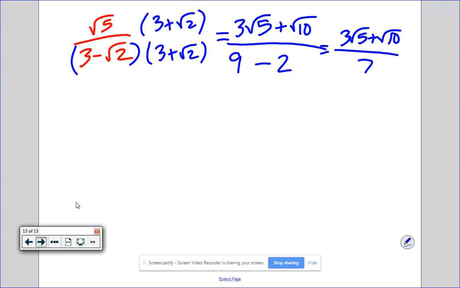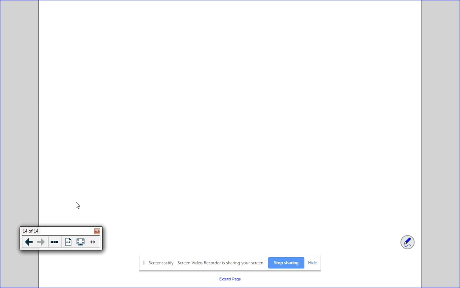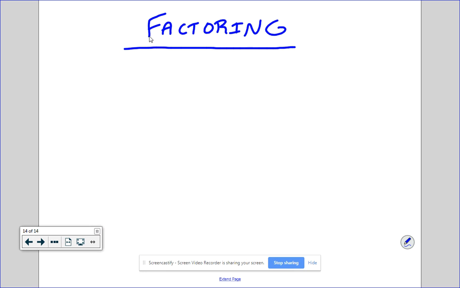Okay, so as I said, today we're going to start with factoring. And this is going to be a couple day progression. There are quite a few different ways to factor, and we're going to talk through 5 different ways on how to factor.